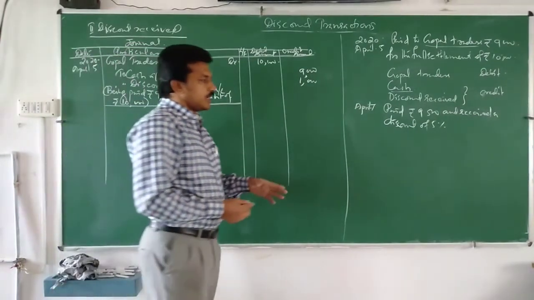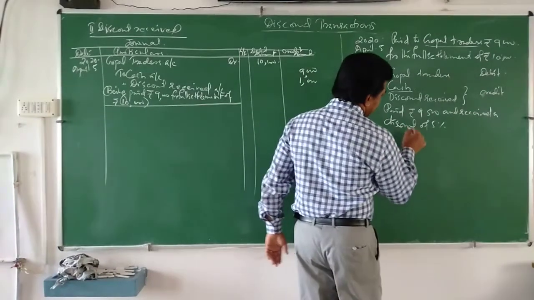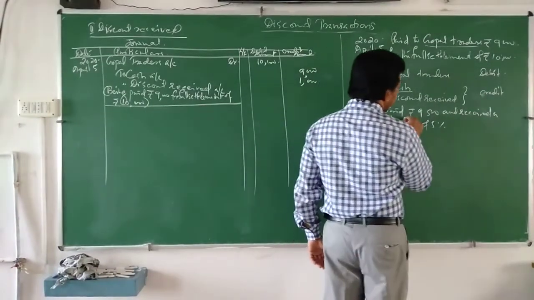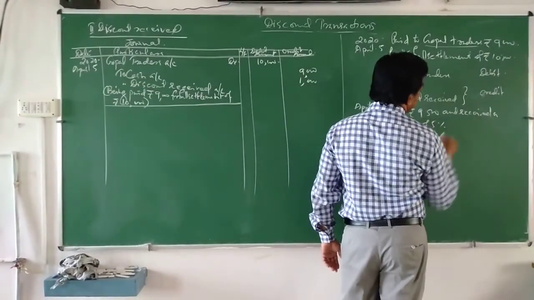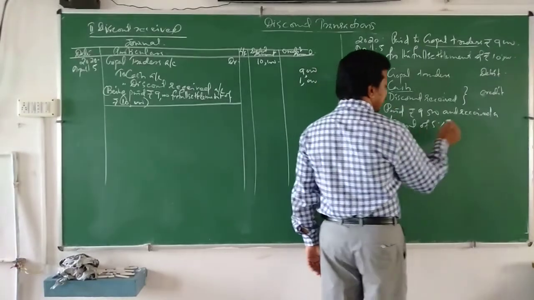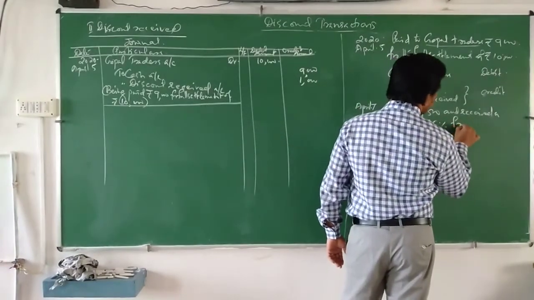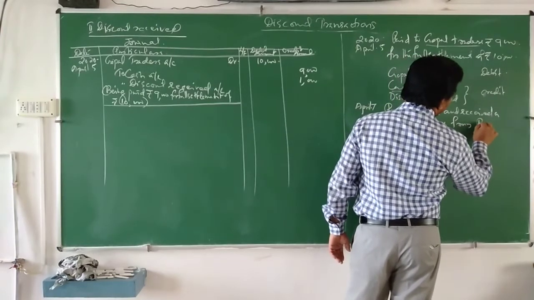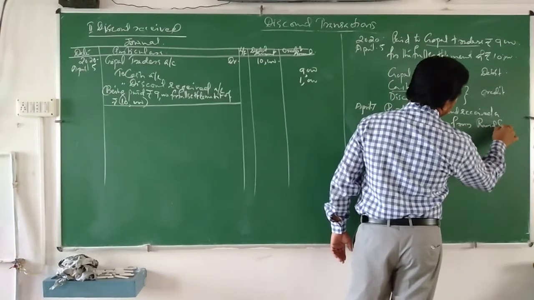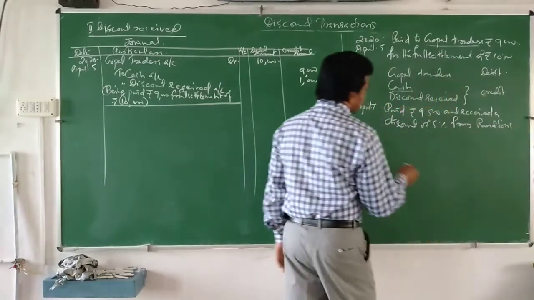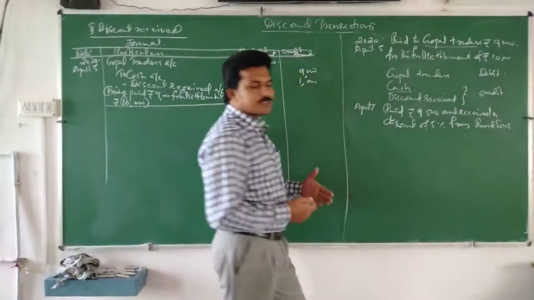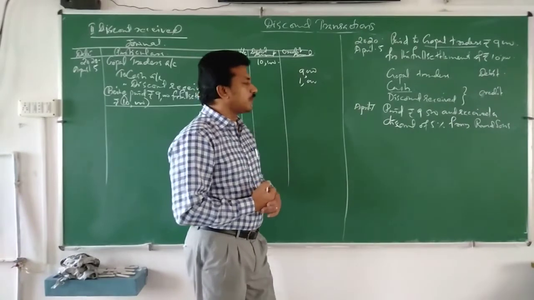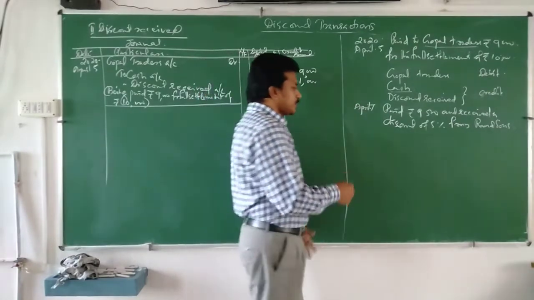So here cash is there. Paid rupees 9,500 and received a discount of 5% from Ram and Sons. So paid cash to Ram and Sons and received a discount from Ram and Sons 5%.